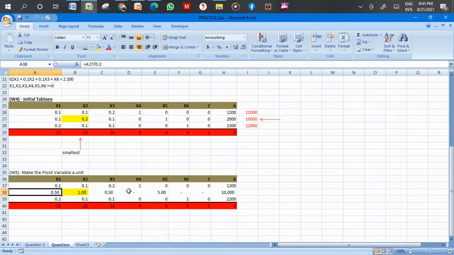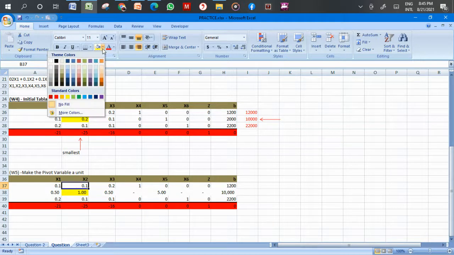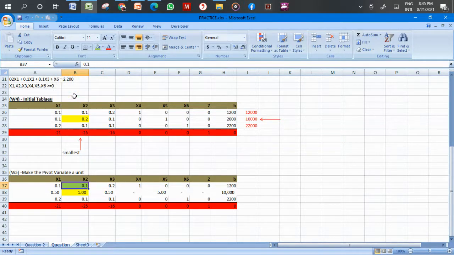So after making the pivot variable a unit, every variable in the pivot column should be made 0. All these ones that I'm indicating in green, we should make them zeros. How do we do that? Of course, it will be simple. Let's just copy.